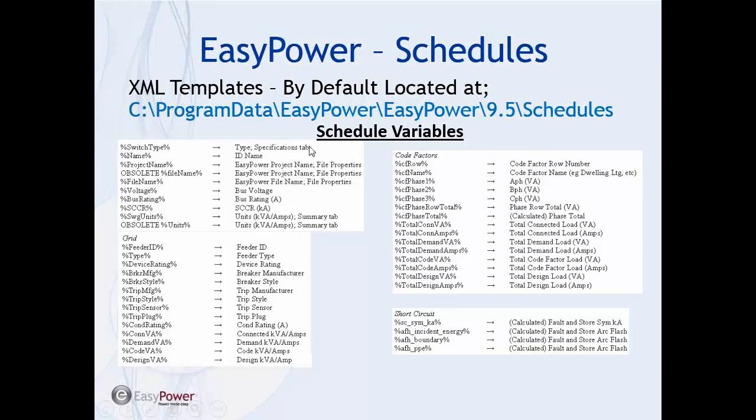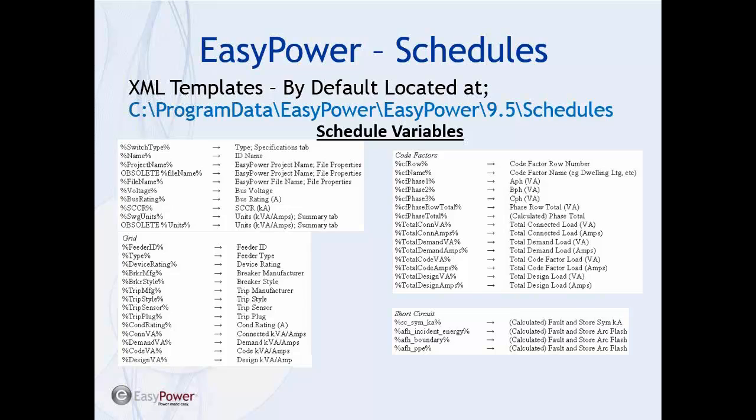So the variables that exist here, more or less, you can go through them as well yourself at a later date, but we do have different specifications, ID names, project names. It looks like the lowercase file name is obsolete, and so in the future we're not using that anymore, and it may make things difficult to try to import templates into future versions of EasyPower.